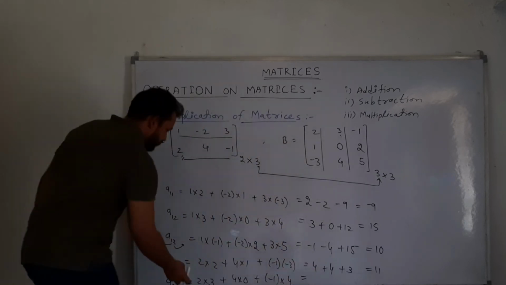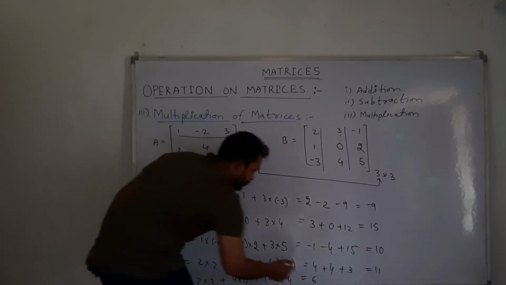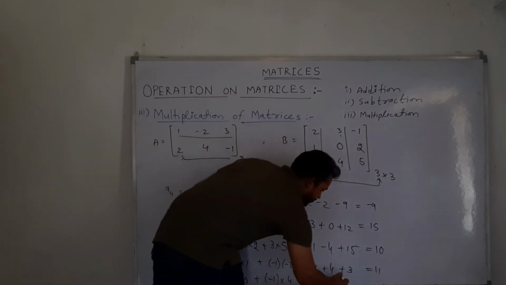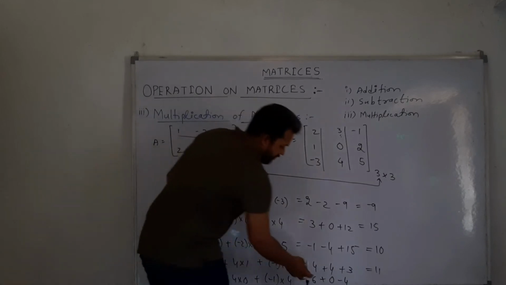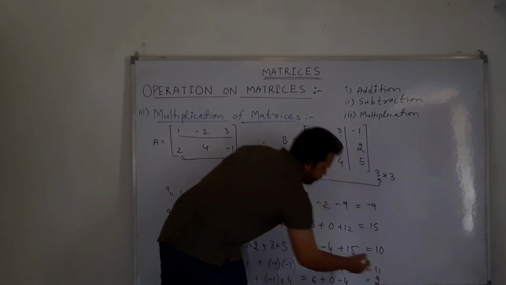Hence we get 2 into 3 is 6, 4 into 0 is 0, minus 1 into 4 is minus 4. 6 plus 0 is 6, 6 minus 4 is equal to 2.